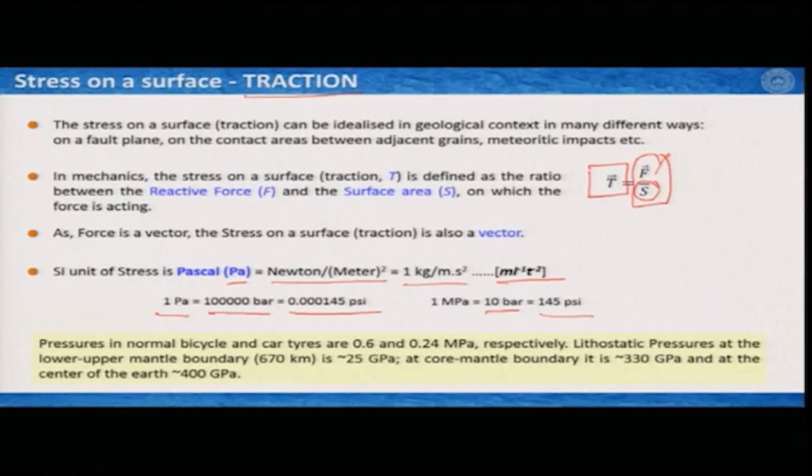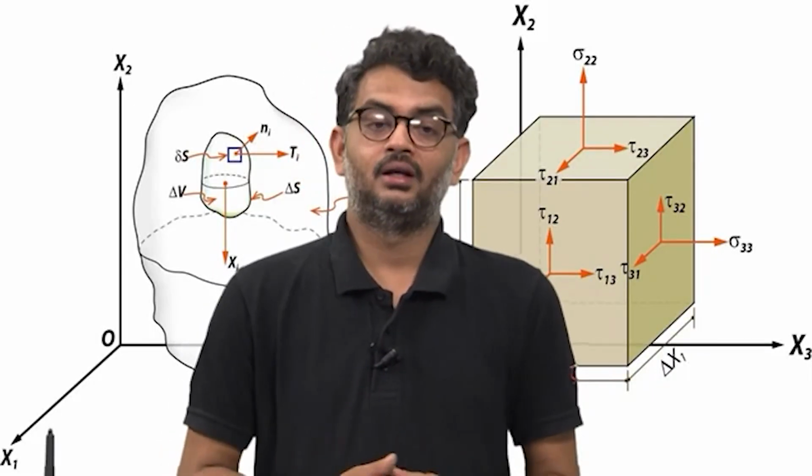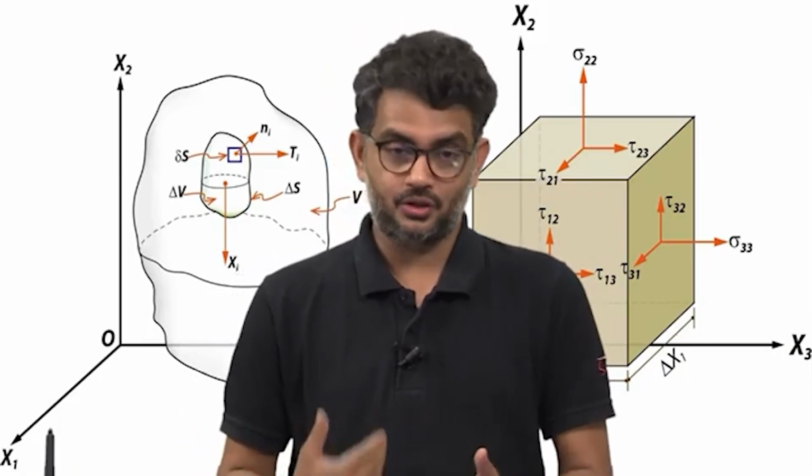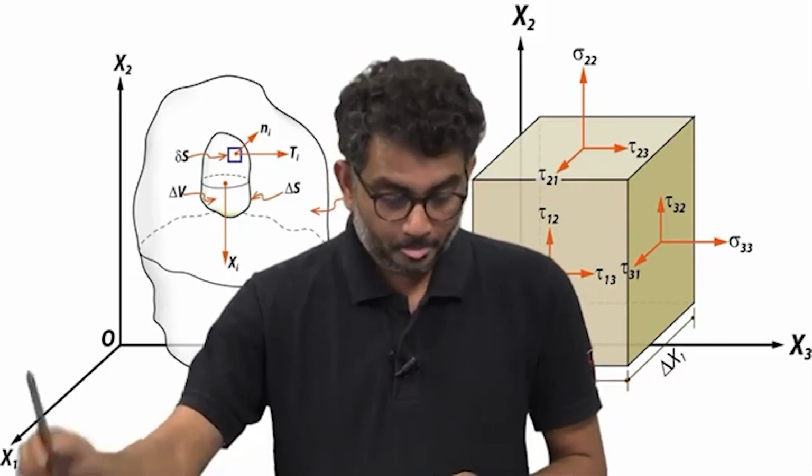At the core mantle boundary, it is about 330 gigapascal, and at the center of the earth it goes close to 400 gigapascal, where the temperature is close to 6000 or 7000 degrees centigrade. So, this is the range of pressure, or the magnitude of the pressures that structural geology, tectonics or geodynamic people think and work with, right.